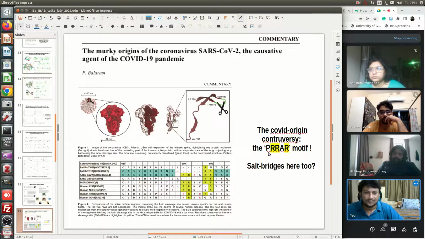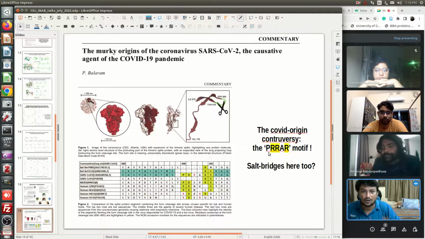So this is a wonderful commentary published by Professor P. Balram, which was probably the first statement on behalf of an argument that is still going on about the COVID origin. Before that, I didn't find any paper focusing on the alternative origin theories of COVID. Even in some of the advertisements, some of the posters, I have seen that these articles were censored.